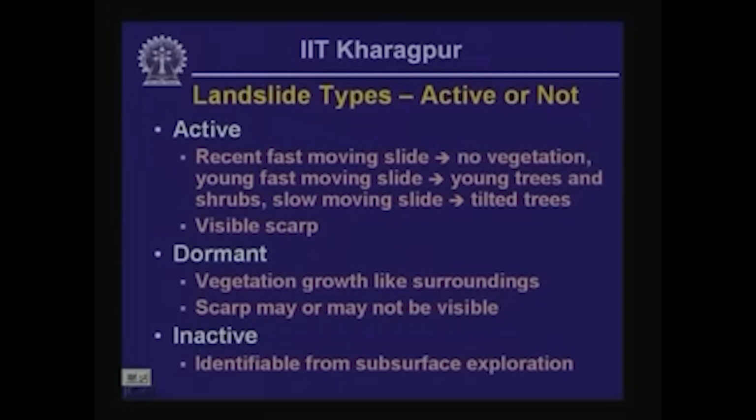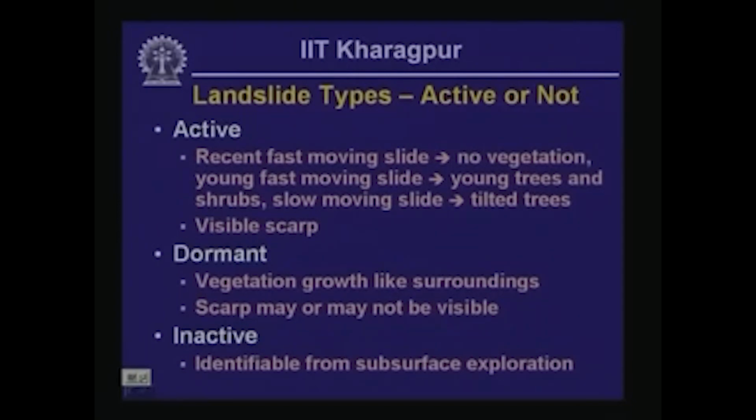So, active landslide, what are the indicators of an active landslide? Let us say if it is due to a recent fast movement, then you are not going to find any vegetation on the slope face. If it is a young active landslide which is also a fast moving one, then there would be young trees and shrubs.